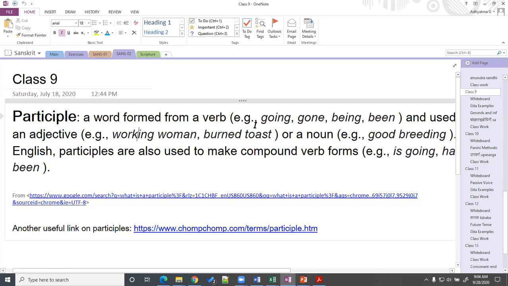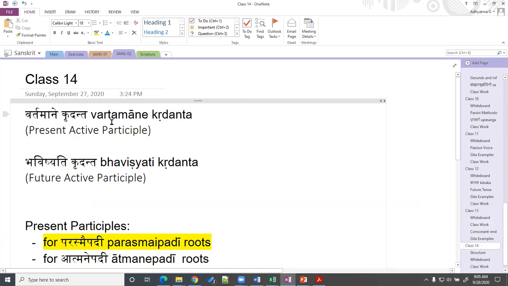So in English, the examples are going, gone, being, been, like working woman, burned toast. Similarly in Sanskrit. So we already saw those two participle, twa and tumun, and today we'll see another two participle. Vartamane krudanta. Vartamana means in the present tense.